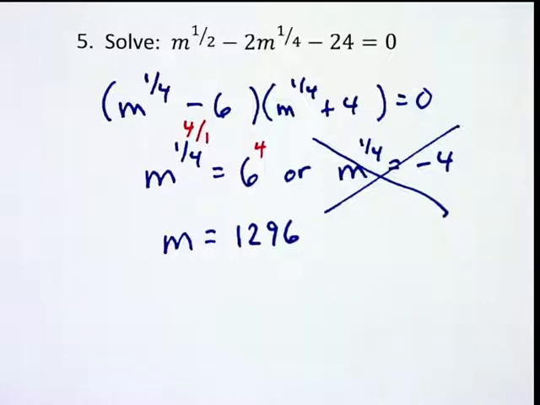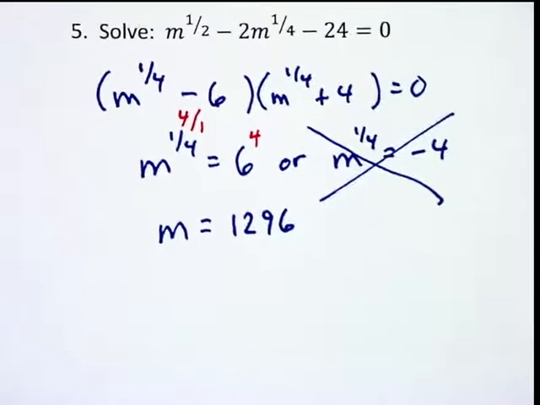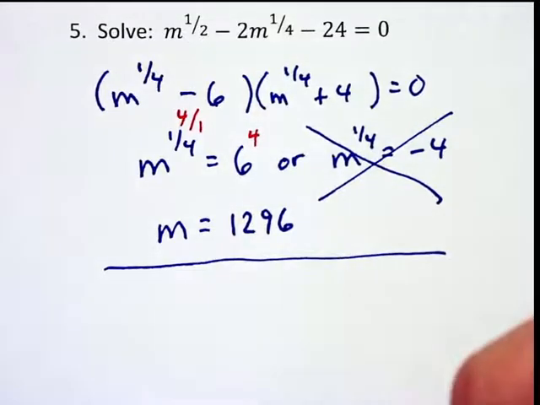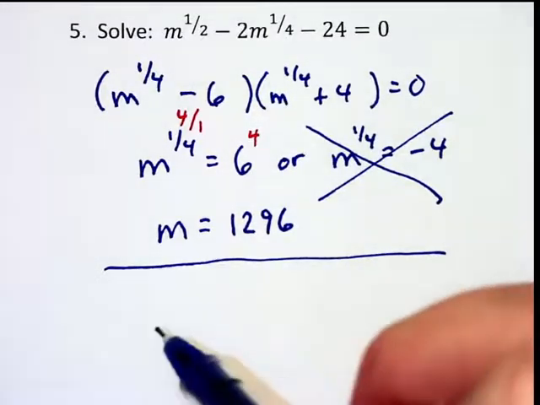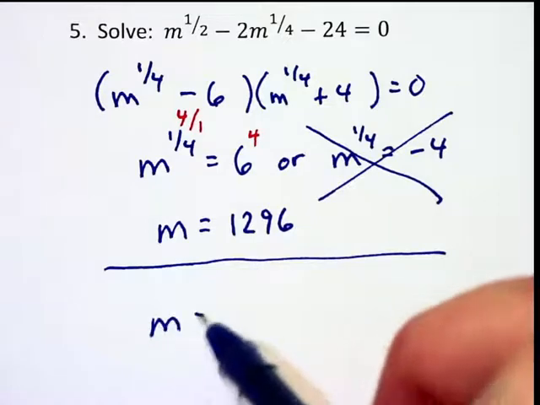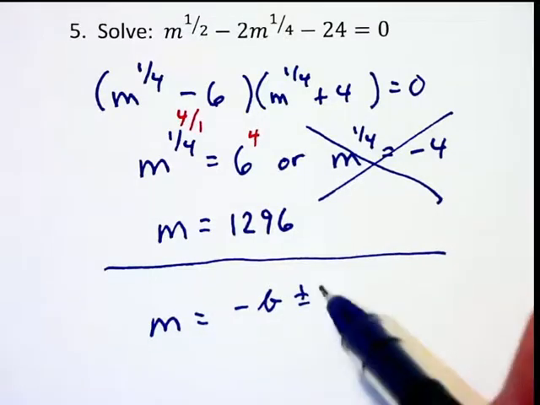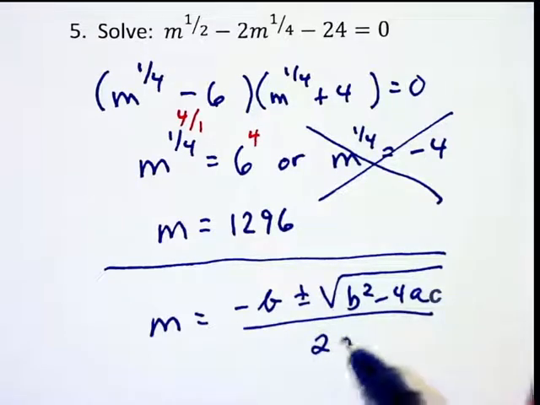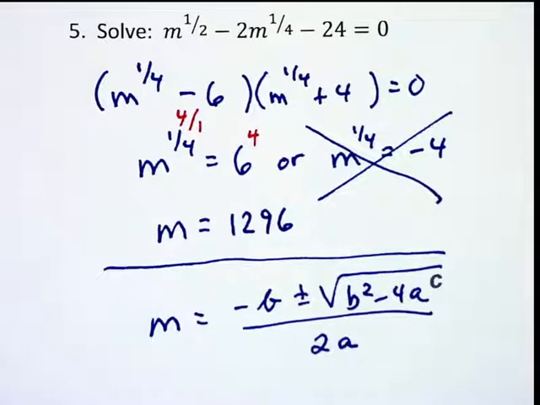Now, just a comment here before we finish this section. Had we used the quadratic formula, let's say we didn't want to solve this by factoring. We are used to going m equals negative b plus or minus the square root of b squared minus 4ac all over 2a. That would not be the case this time.